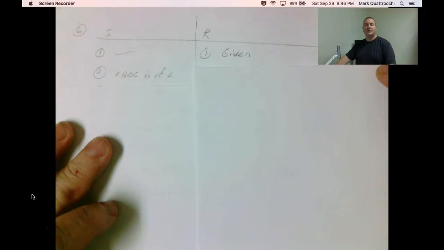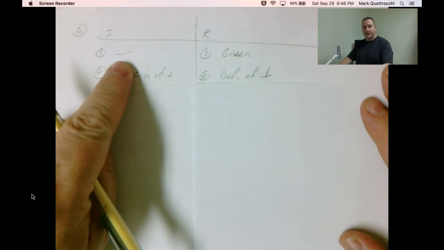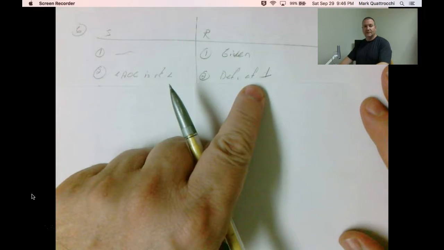How do I know angle AOC is a right angle? I know what the definition of perpendicular is. We're told that they're perpendicular here. I conclude it's a right angle because of the definition of perpendicular.